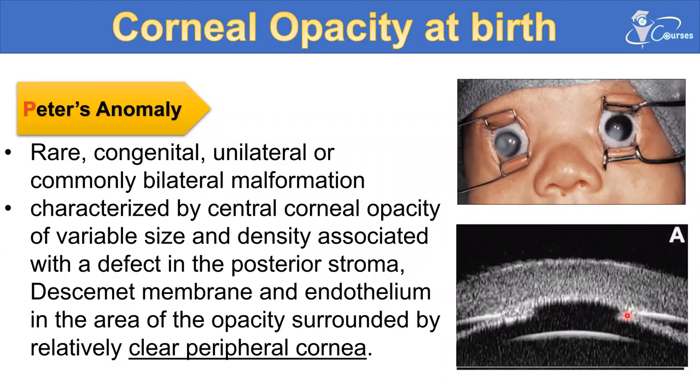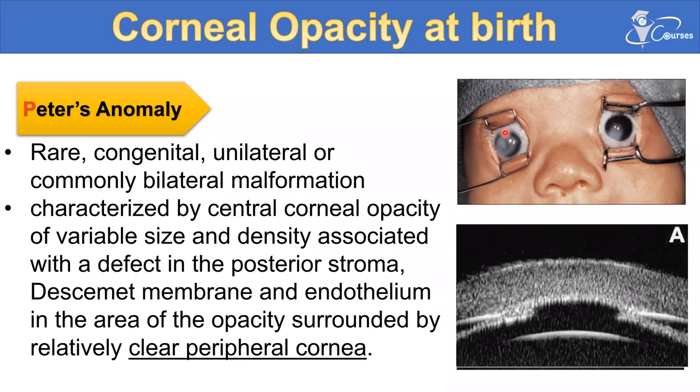In the posterior stroma, the Descemet membrane didn't form, the endothelium didn't form, so this may lead to adherence of the iris and lens to the posterior stroma. And the characteristic feature of Peters anomaly is the presence of a clear peripheral cornea. So you can see that the cornea in the periphery looks clear. This is one of the most important signs to diagnose Peters anomaly.